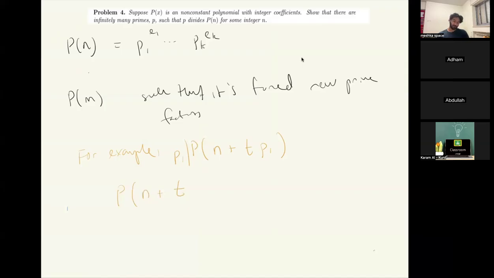So for example, consider the polynomial p of x equals 3x. Then mod 3, it's always divisible by 3. So it's true, for example, that p of n is divisible by 3, but it's always true.